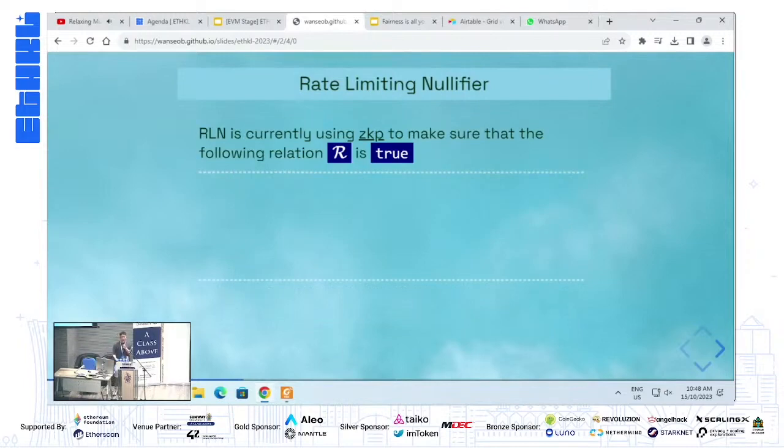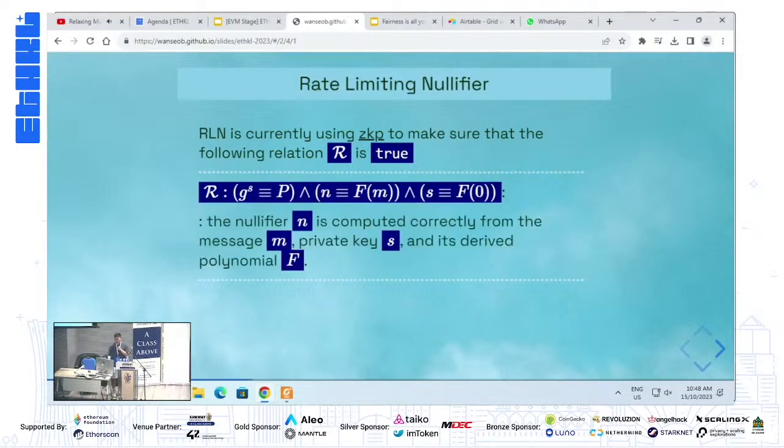So rate limiting nullifier is currently using zero knowledge proof to make sure that the relationship is true, which means you don't need to take care of these equations, that the requester shares the f(m), and we need to make sure that f(m) is computed correctly from a given polynomial.